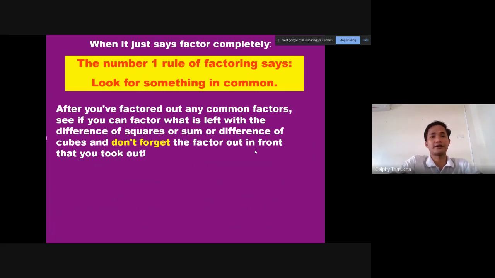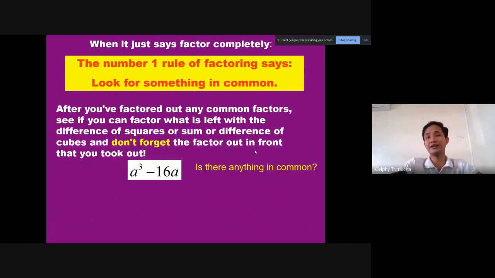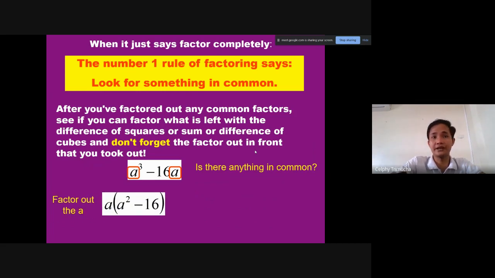Okay, so for example, we have a cubed minus 16a. Is there anything in common? So, there is something in common sa sininga equation wherein we have may ara ta a sa first term, may ara ta a sa second term. So, pwede tayo factor ang a. We will have a squared minus 16. So now factor what is left in the parentheses.